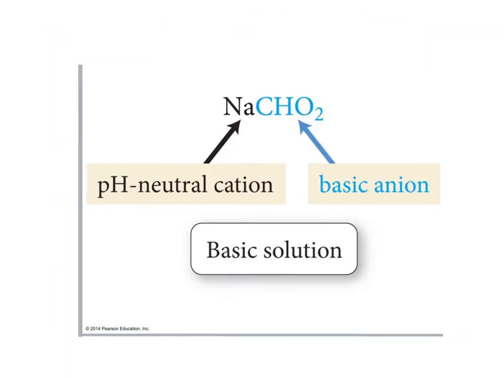Okay? Other side, you've got Na from NaOH doing nothing. You've got this basic anion, HCOO minus, and that is actually from the acid HCOOH, with another proton on there.